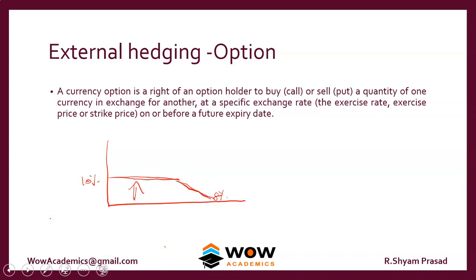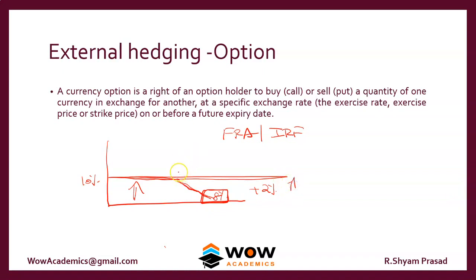This is not possible in FRA or in interest rate futures, because there you have made a commitment to pay 10% always. So if you're going to make any gain, you can't get it, because if the interest rate falls to 8%, then you have to pay the balance 2% to the bank, and the interest rate will come to the same 10%.